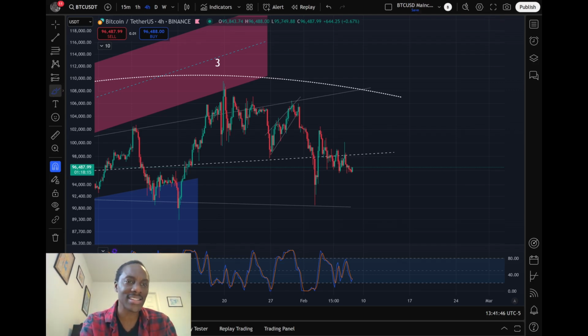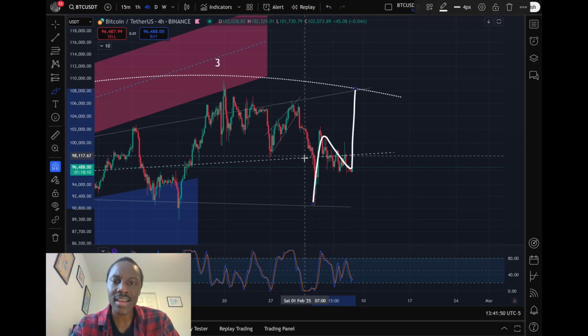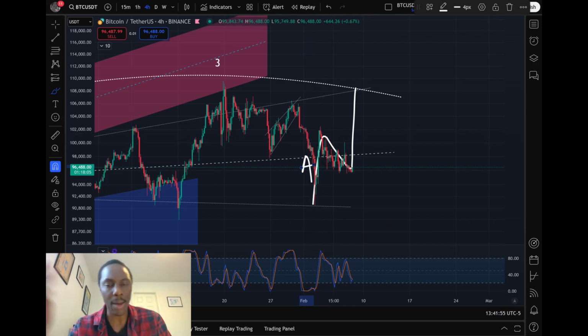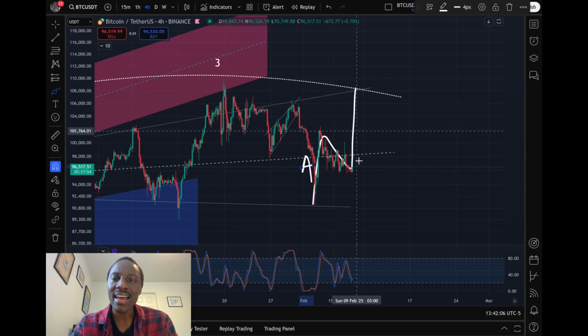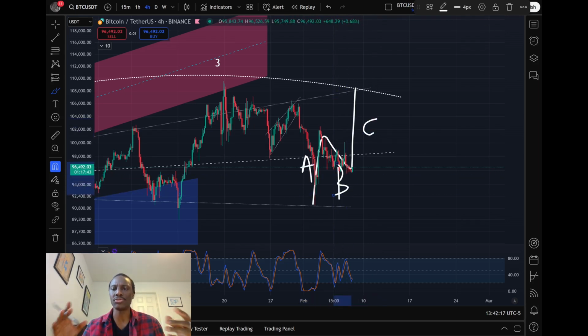A zigzag is an ABC correction where the A wave is an impulsive wave, up or down, and then the B wave is a retracement between 0.5 to 0.618 Fibonacci retracements of the A wave. The C wave is then an extension of A in the same direction, 1 to 1.236 standard deviations of A. So this is what we're likely doing.